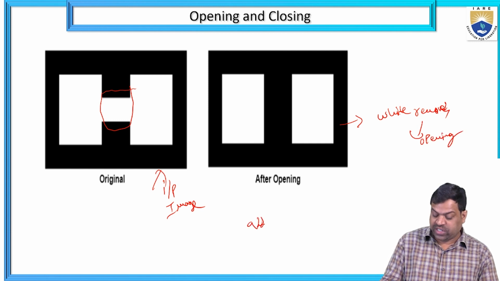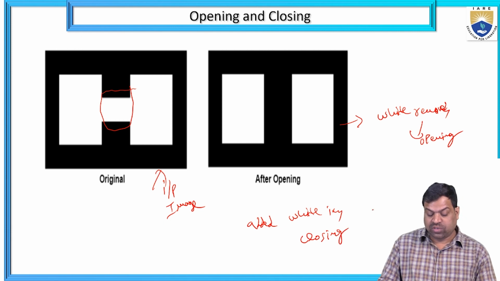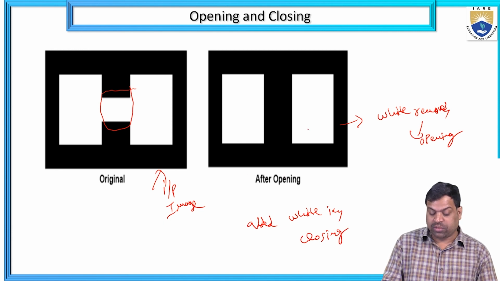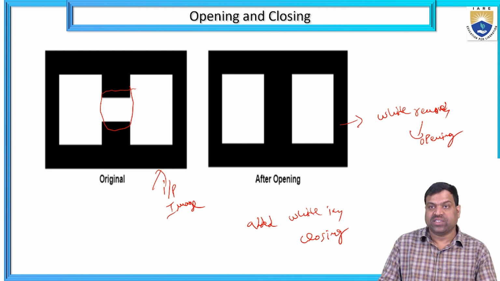Suppose we add white, that is called closing. Okay. So the original image, after opening, has the unnecessary whitish parts removed. White is removed, which means black is added.